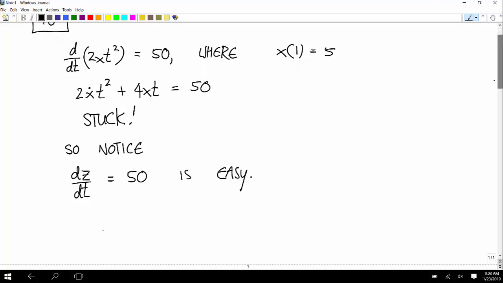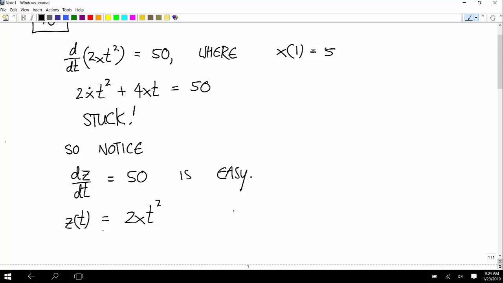Okay, so what we're going to do is we're going to say z as a function of time is equal to 2xt squared. That's a function of time because x is a function of time and t squared is obviously a function of time. And that boundary condition now says that when t is equal to 1, x is equal to 5.